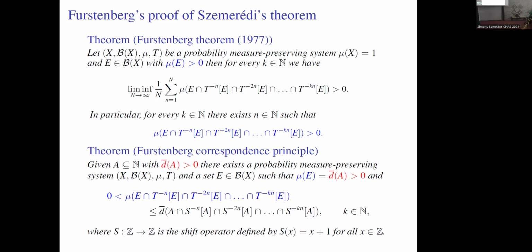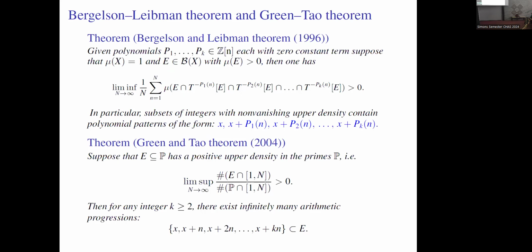Okay, so my aim will be to prove this theorem, this result, for k equal 2 here. In other words, we want to show the Roth theorem for arithmetic progressions of length 3, by using these ergodic methods.